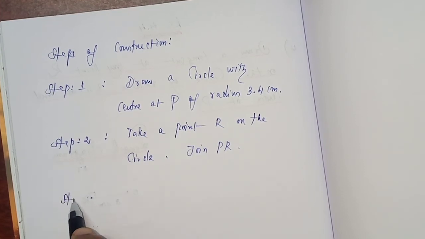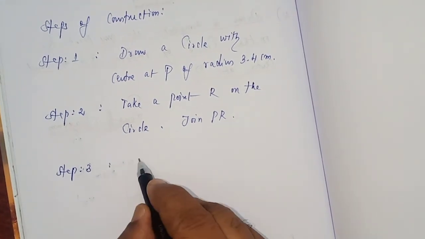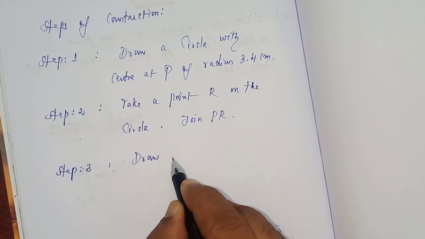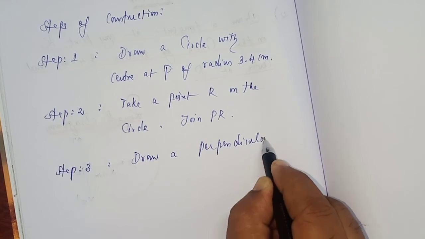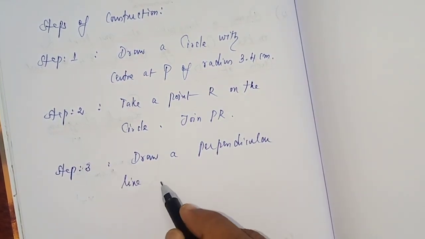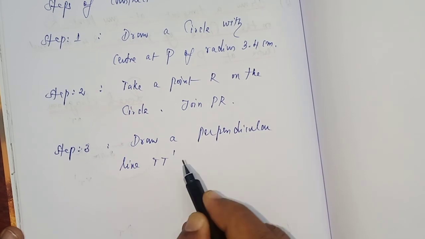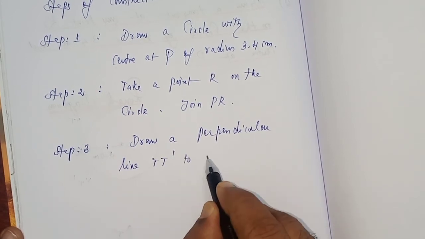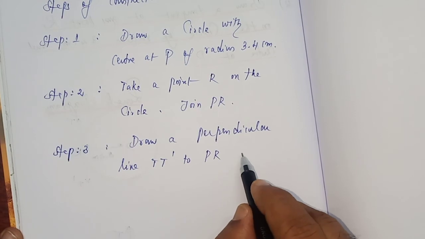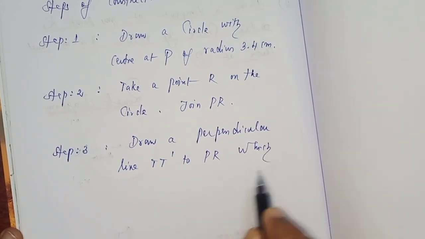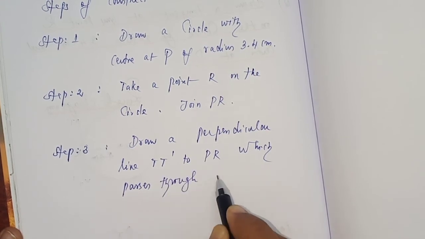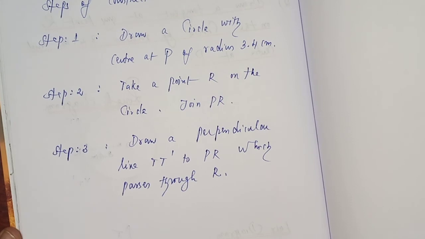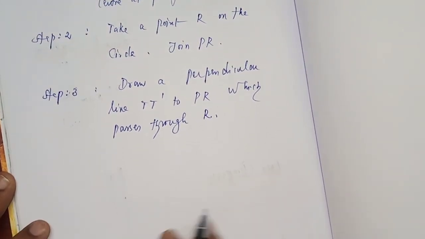Step number 3. Draw a perpendicular line TT dash to PR, which passes through R. Step number 4.